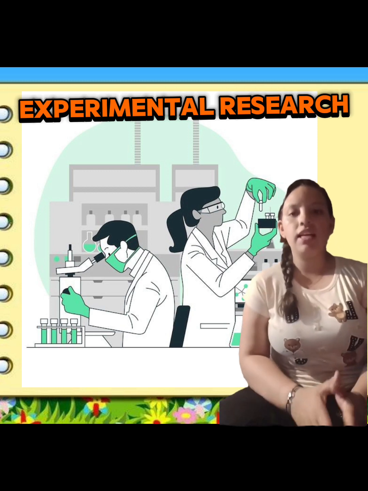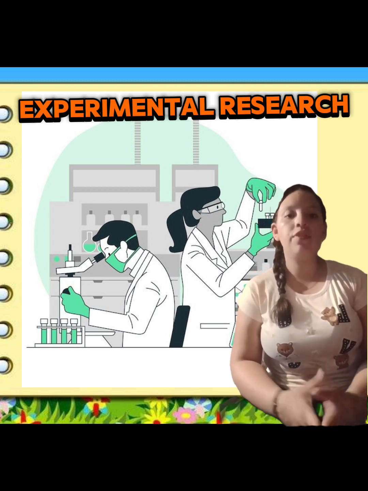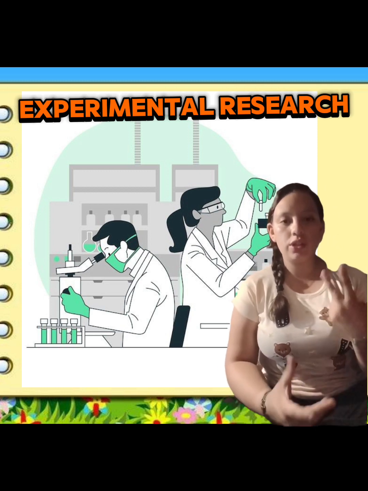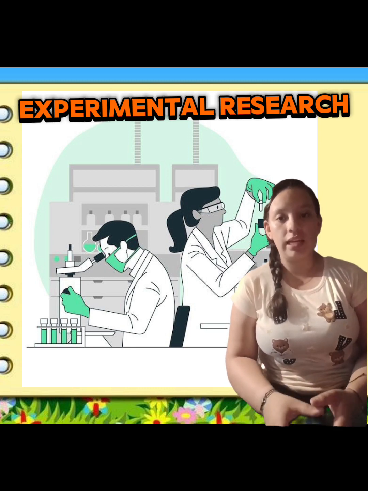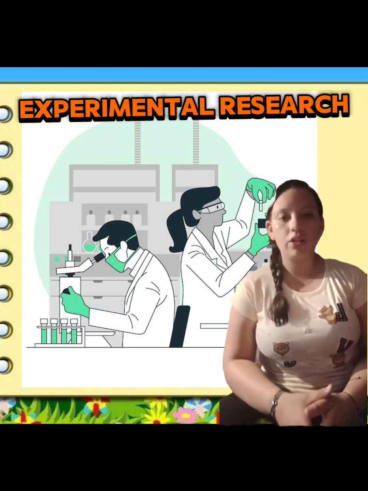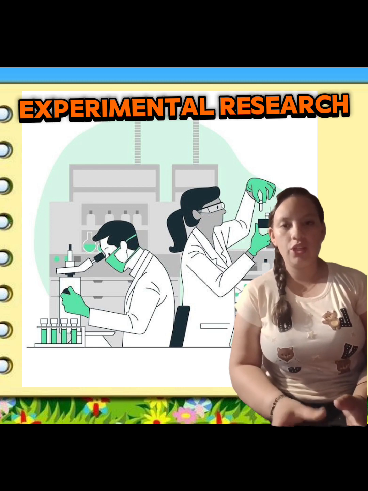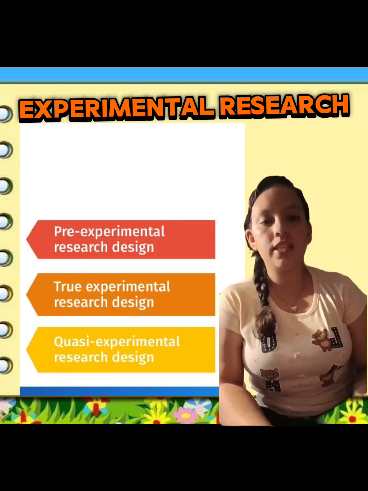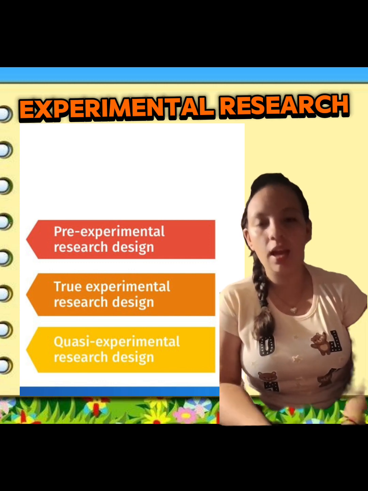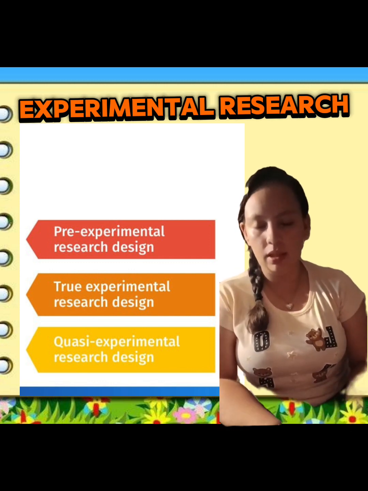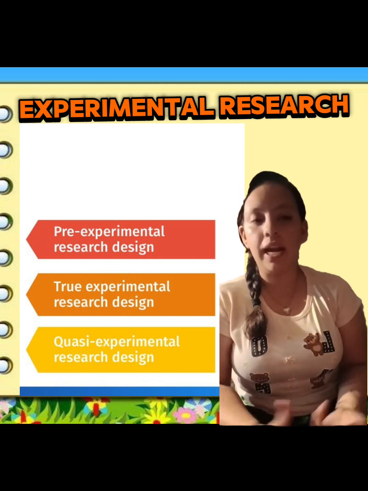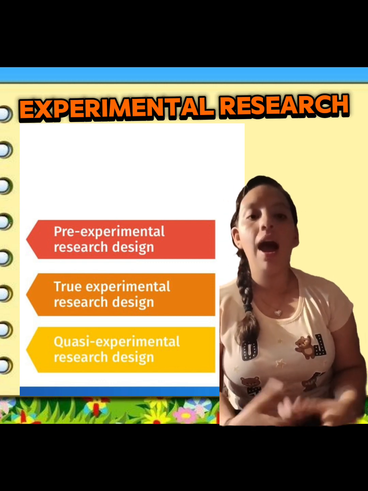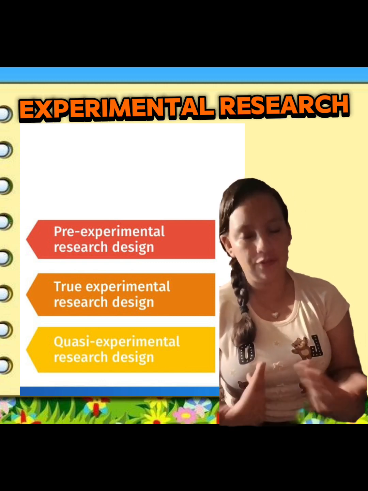Experimental research is a study conducted with a scientific approach, using two sets of variables. The first set acts as a constant, which you use to measure the differences of the second set. There are three types of experimental design. The first is pre-experimental. A group or various groups are kept under observation after implementing cause and effect factors.